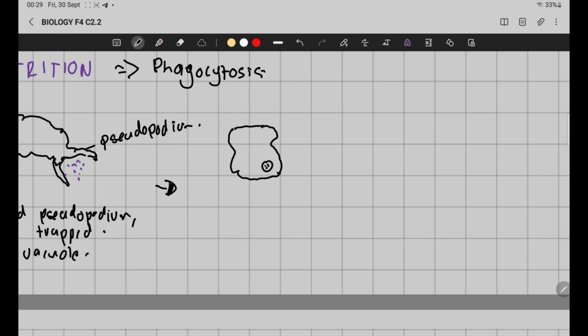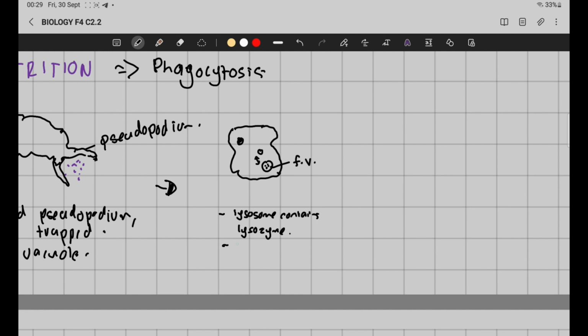So you have your food vacuole here and your lysosome, and when these two merge, you should remember that the lysosome contains lysozyme. So what does lysozyme do? Referring to the previous lesson, lysozyme hydrolyzes things, damaged organelles, and functions in nutrition.